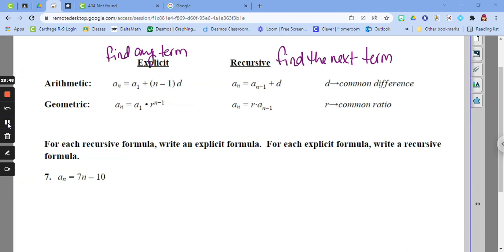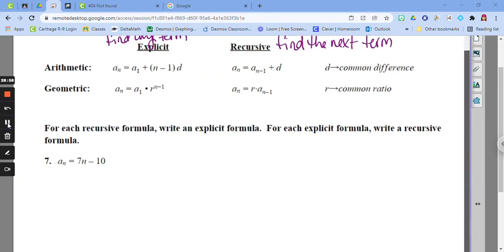So that is clearly an explicit formula. I don't see a sub n minus 1 or anything in there. So to write a recursive formula, I need the first term.